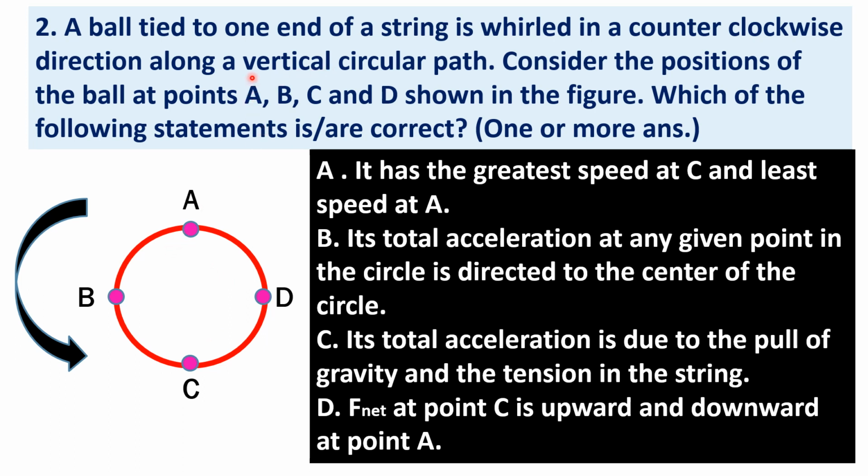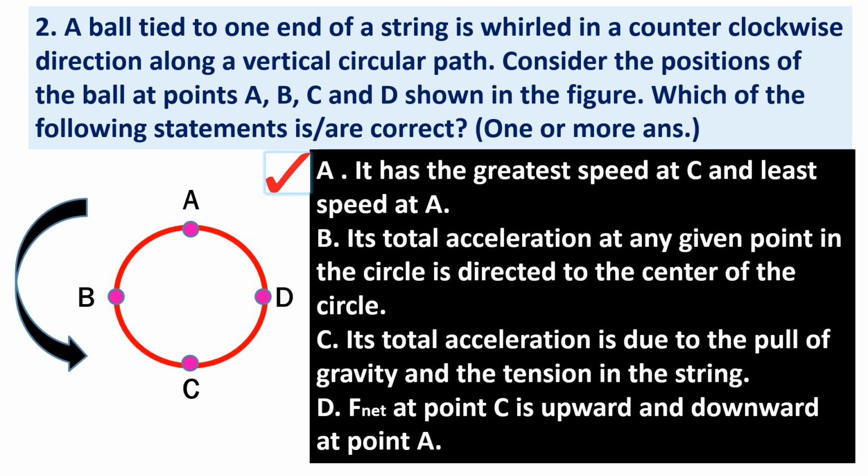That's the word that gives us this clue. Now, consider the positions of the ball at points A, B, C. These are arbitrarily chosen points. Let's analyze further. Where do we start?